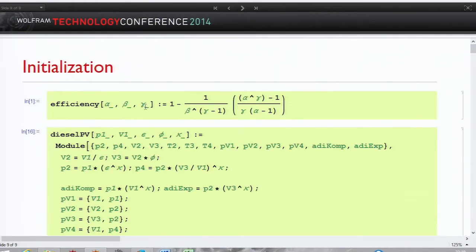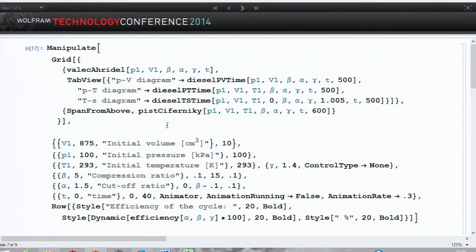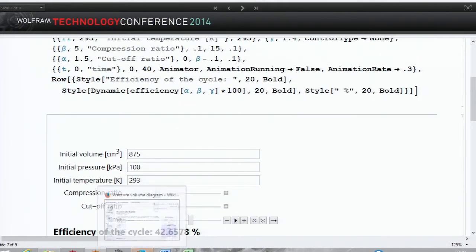I find it much better to write the functions separately and then just put them together in the Manipulate, and the code is much easier to orient in. Thank you.